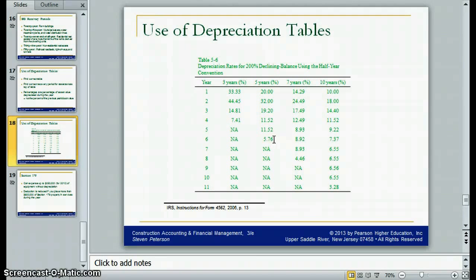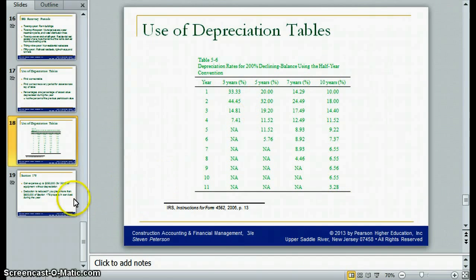You will always see this when you use the IRS method: there's always an additional year to be calculated in order to reach the zero salvage value. So if you're calculating a 5-year asset, you will have to calculate all the way to year 6. If you're calculating a 10-year asset, you will have to determine the depreciation all the way to year 11, and so on and so forth.